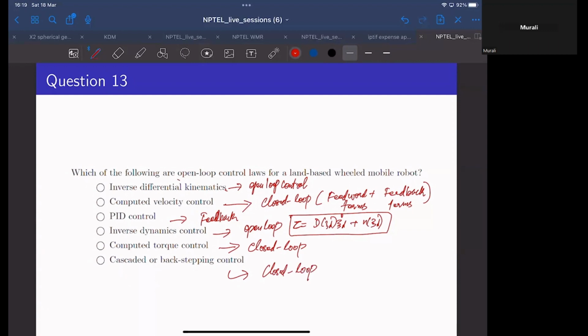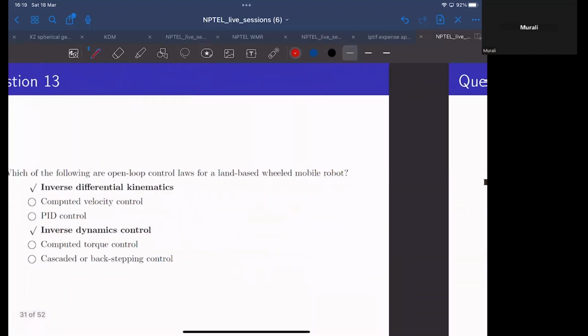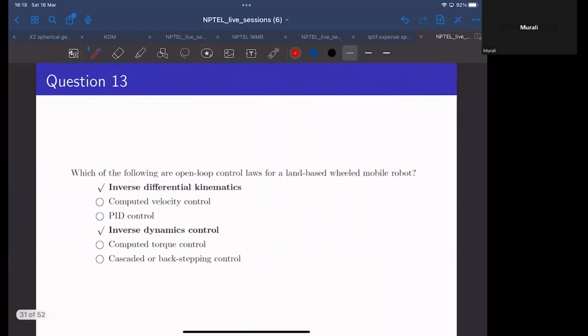The question says to identify open loop controllers. Inverse differential kinematics and inverse dynamics, both of these are open loop or feed forward controllers, right? So those are the two options.